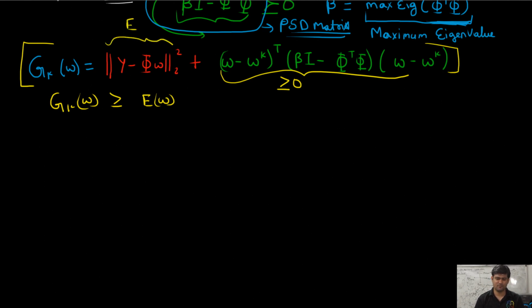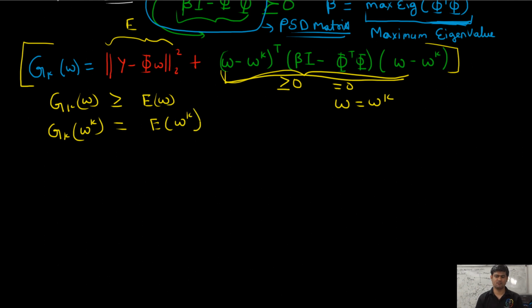Furthermore, if we put w equal to wk, then this term becomes 0. So gk also satisfies that gk of wk is equal to e of wk. So now we will minimize this loss function gk.